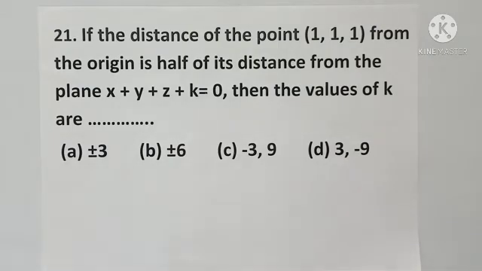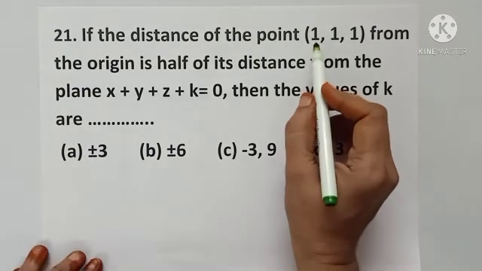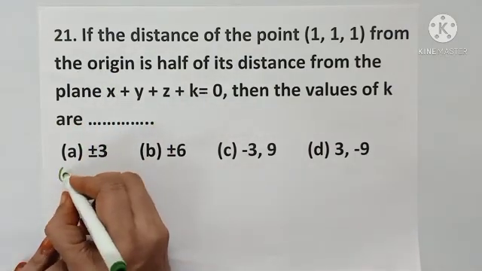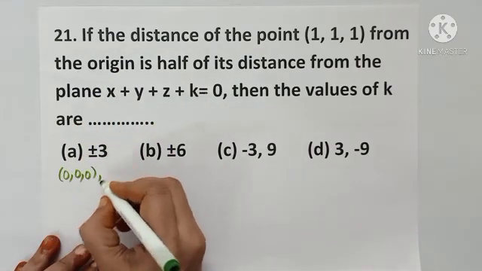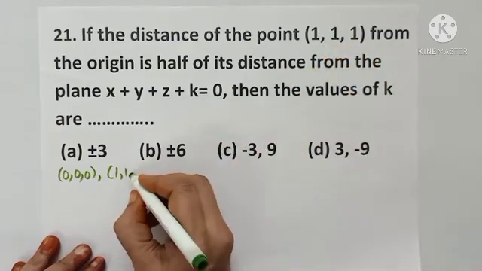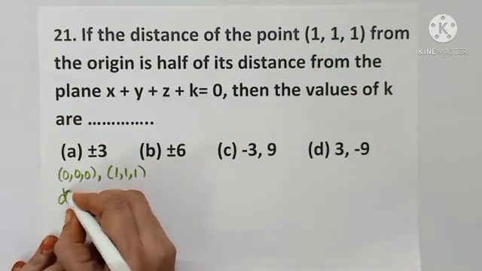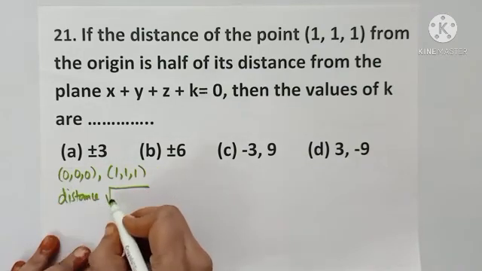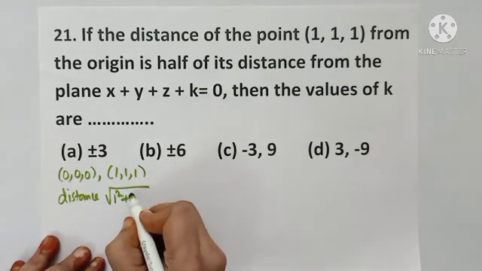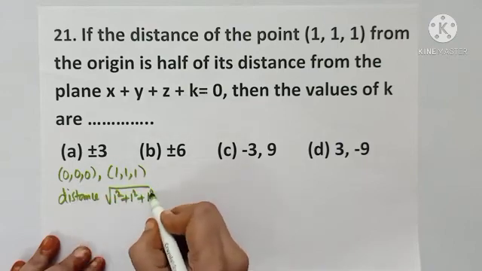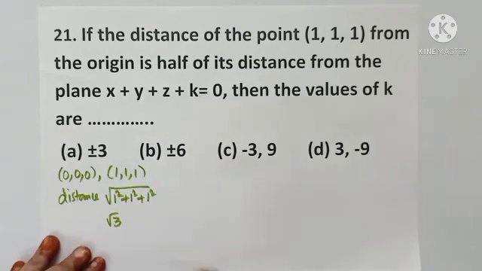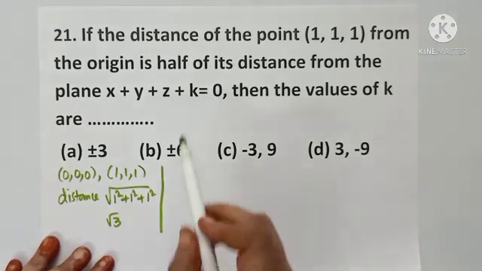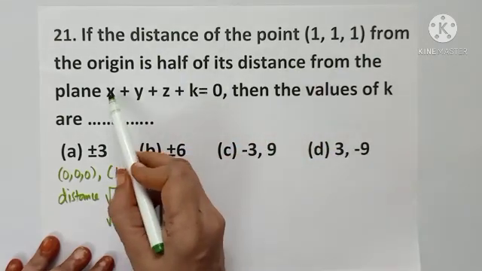Question number 21. Distance of the point 1, 1, 1 from the origin. So if I take origin as 0, 0, 0, the point is 1, 1, 1. The distance is nothing but root of 1 minus 0 square, 1 minus 0 square, 1 minus 0 square, that is root 3. The second statement says half the distance from the plane.